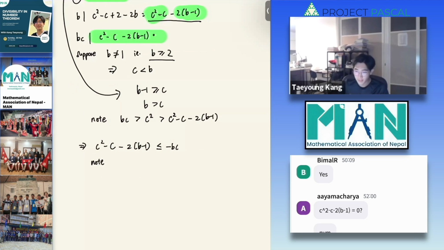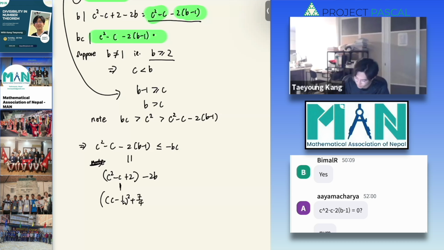C squared minus C plus 2. Note that this is equal to C squared minus C plus 2 minus 2B, right? And this is definitely positive because this is C minus a half squared plus 2 minus 1 over 4, which is 7 over 4.